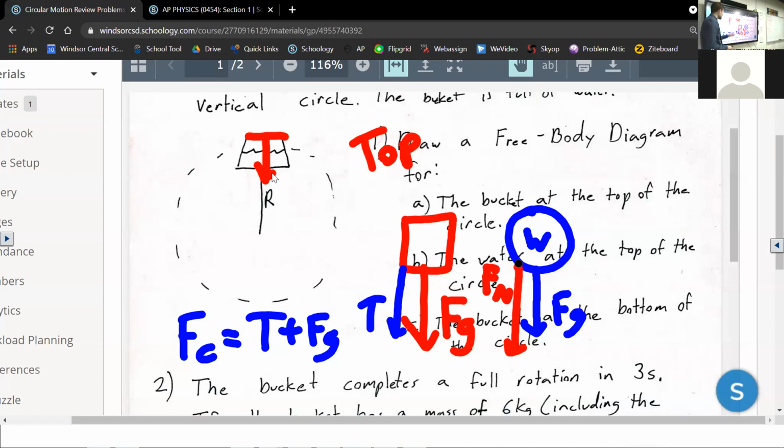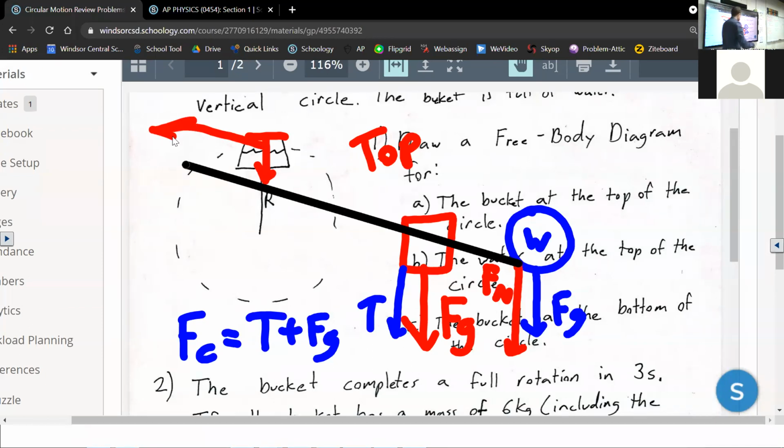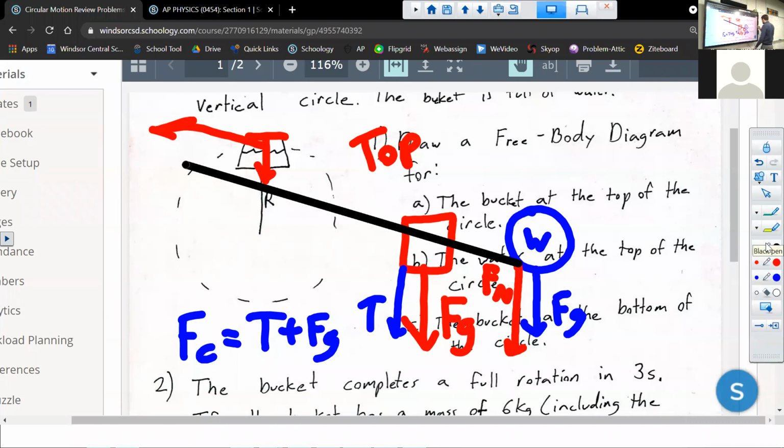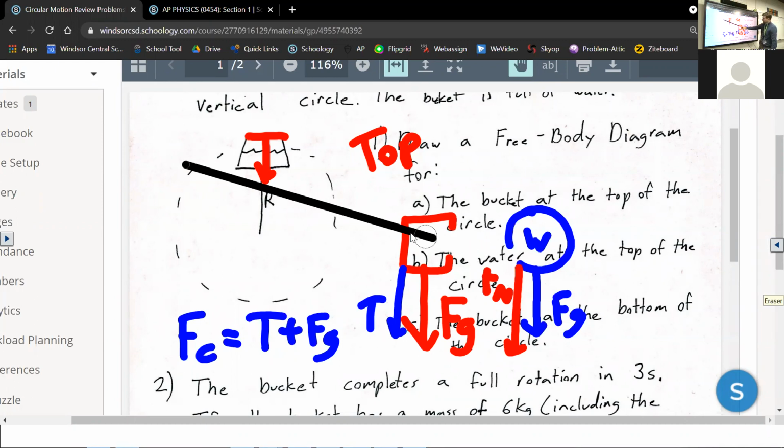So where would that water go if the bucket had a hole in it? It would probably fly out this way, right? So that doesn't happen because the bucket keeps it locked in the circle with a centripetal normal force. Okay, so we have the normal force going that way. That is an impressive straight line that just magically popped up.